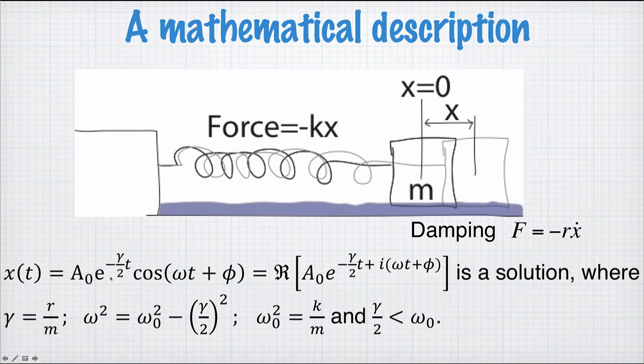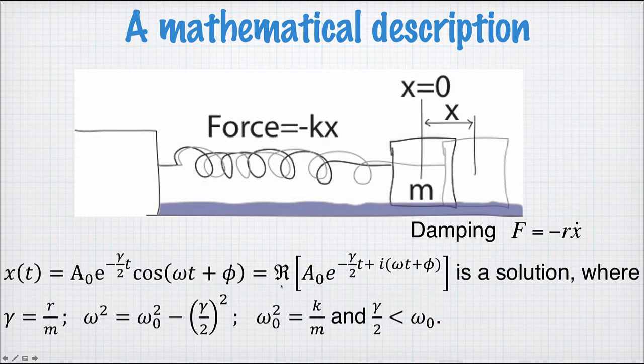The rate of decay here is gamma on 2, where gamma is given by R on m, and the oscillation frequency here is now given by this equation here. So you can see this oscillation frequency omega with damping is just a little bit slower than the oscillation frequency without damping, which is omega naught.